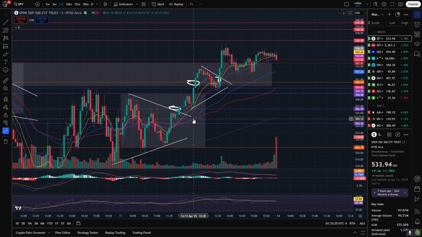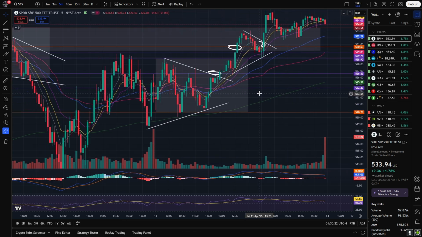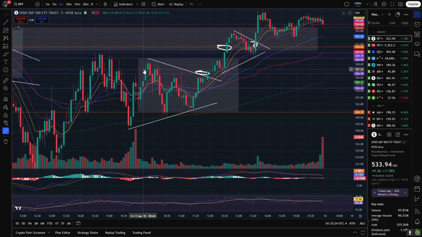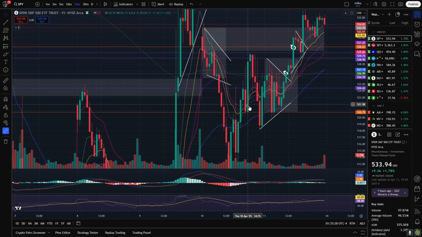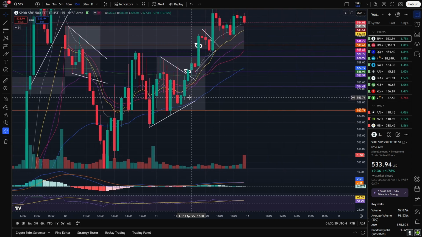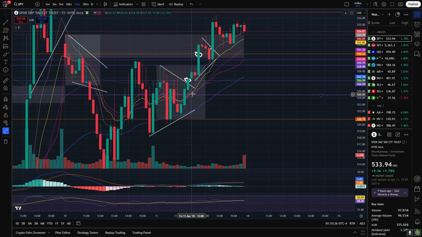But yeah, my first trade was based off of this break of the wedge on the 15-minute, and then also on the 15-minute, we had just switched to green on the MACD, and the purple line of the RSI went above the yellow, and all the EMAs were above each other on the 15-minute for the most part, and we were above the VWAP.